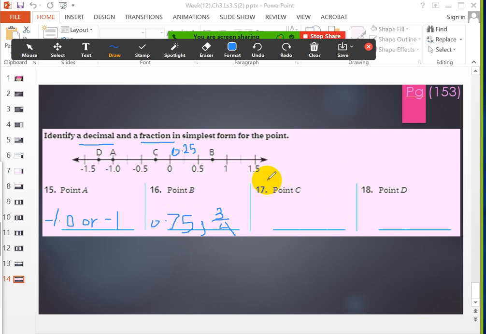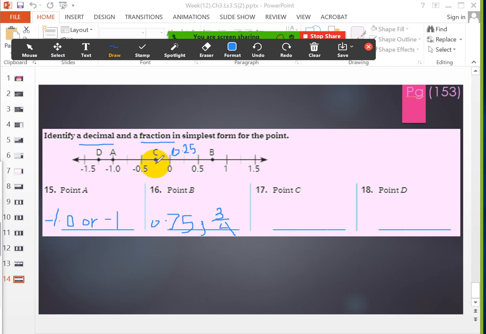What about point C? I will do it, girls, because we have only 1 minute. C is between 0 and negative 0.5, in the middle. I told you the distance between each 2 points is 0.25.